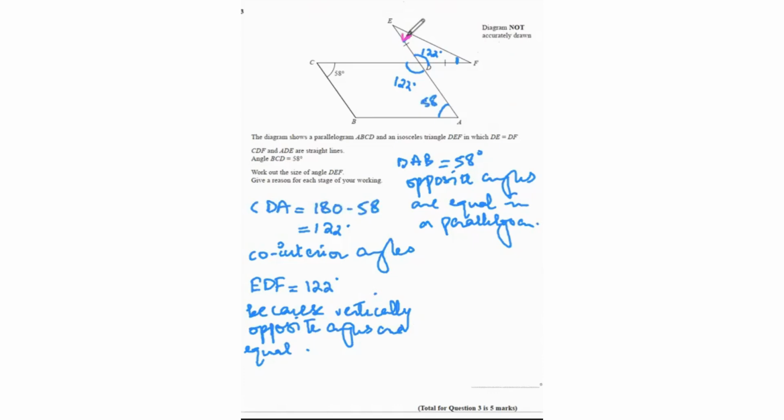Let me change the color. This is equal to this. So we can easily find DEF by doing 180 minus 122 and then dividing it by 2, which is 29.